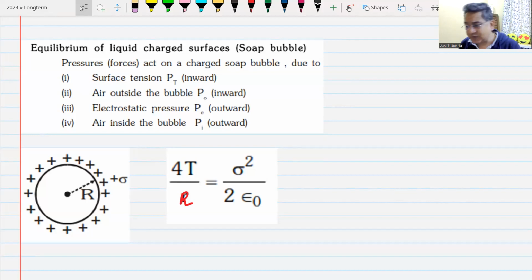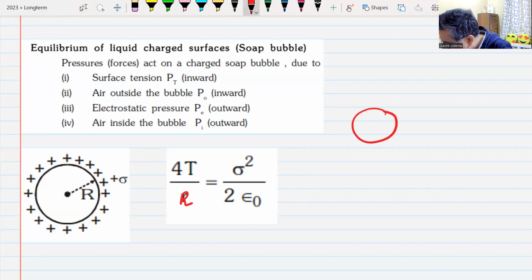We have not done surface tension. We have not done soap bubble. But what is a soap bubble? Let me just tell you very simply. It will be difficult for me to draw, but let me try my best.